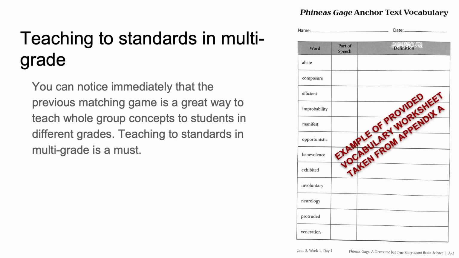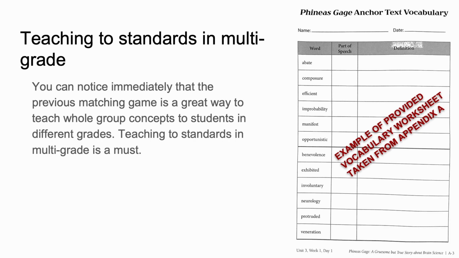So here's an example of a teaching strategy that's provided in the DLG, okay? This is an example of a vocab worksheet that's taken from Appendix A. They give the words, less blurry in real life, the parts of speech, and then a definition.